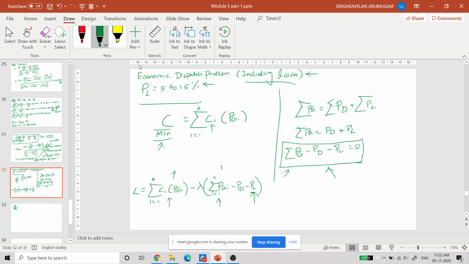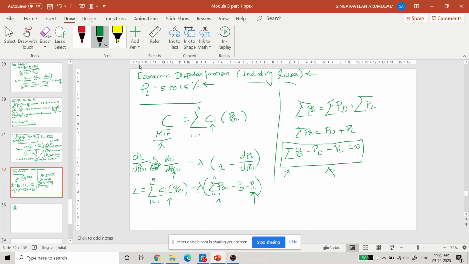So after differentiating, this will become dCi divided by dPgi, and then this is the constant, so it is 1, so it will have minus lambda of 1 minus, this will be 0 because it does not depend upon this Pgi, but PL does depend, so I need to differentiate PL divided by dPgi. So this will be dL divided by dPgi.